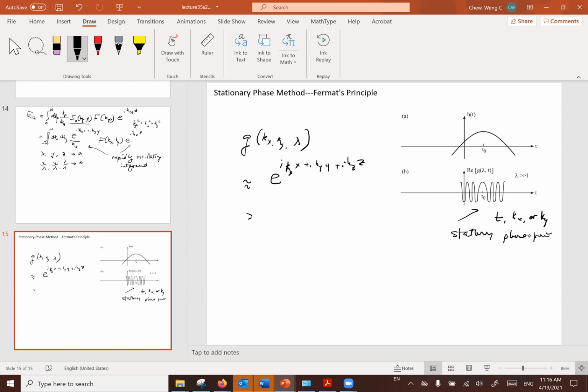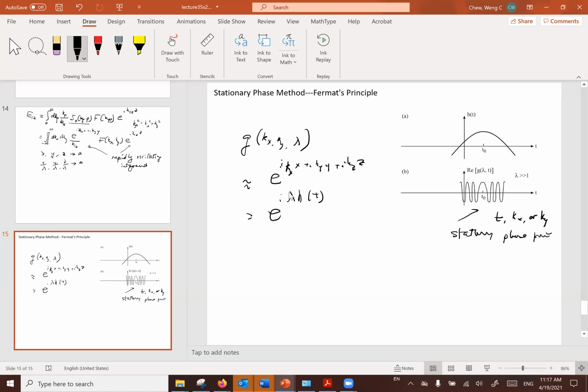Essentially, I'm writing this so that it should be lambda h of t. If I look at this function h of t, which is the thing in the exponent, it is not rapidly varying. It actually varies slowly as a function of t.